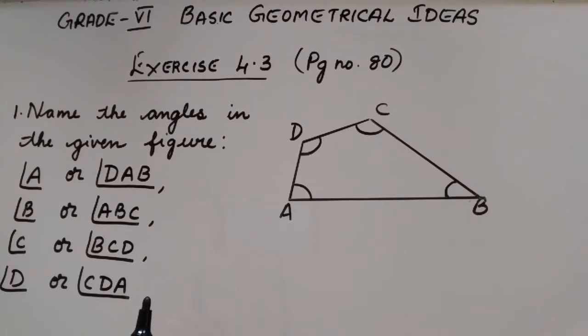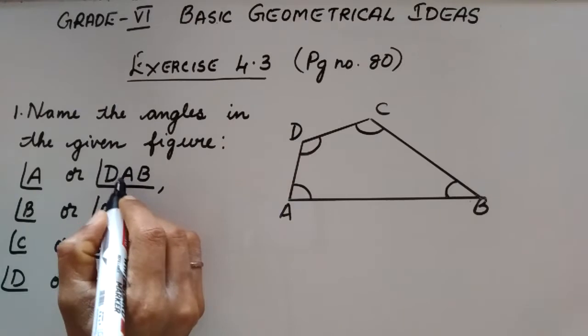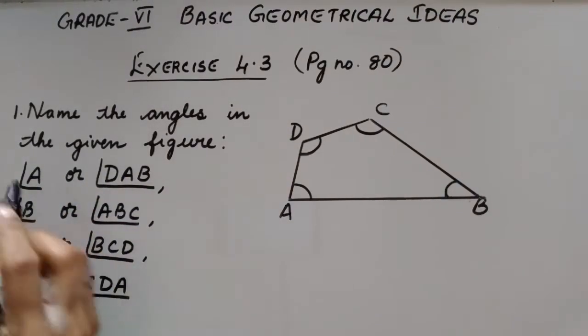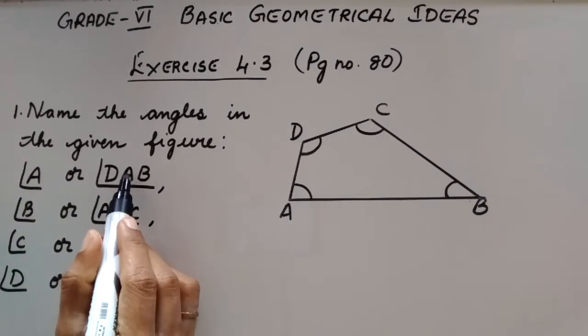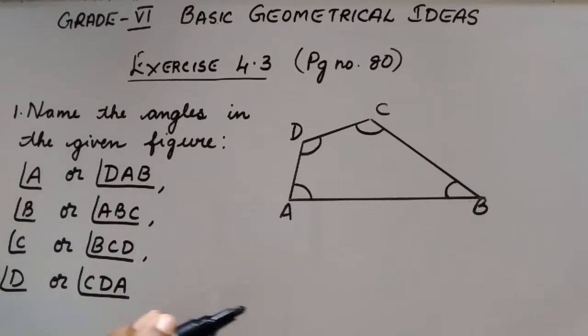Did you get this, students? But provided that the vertex is in the middle. You cannot change the vertex. Angle A, angle B, angle C, angle D. See here the vertex. Did you get this, students? So this is how we name the angles.